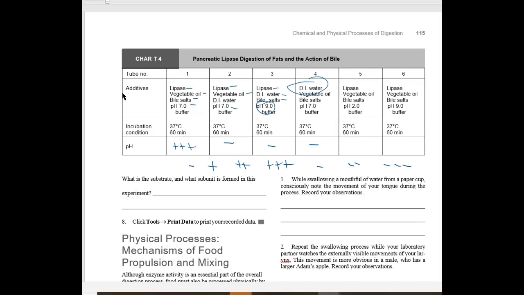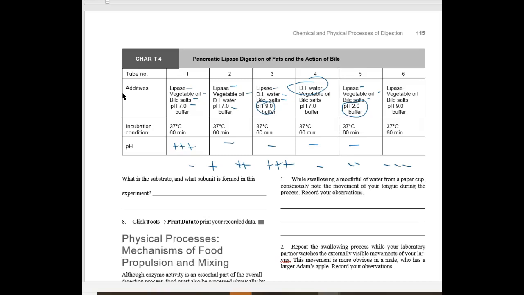Here, you've got everything you need, enzyme, substrate, bile salts, but your pH is 2. So you are not going to see a change in pH, really for 2 reasons. One, the pH is already 2. It's hard to get lower than that. And 2, at a pH of 2, lipase is going to be exceedingly unhappy. So there's going to be very little enzyme activity anyways.